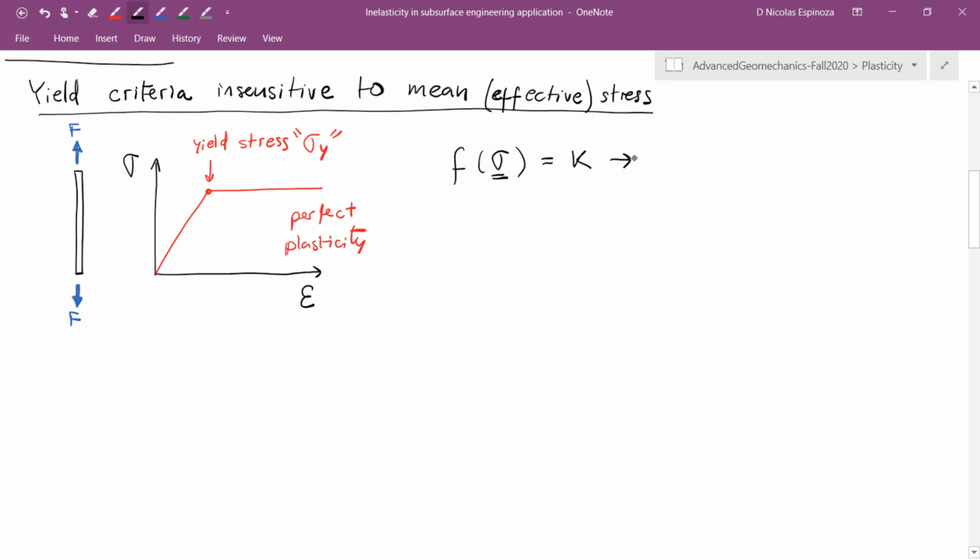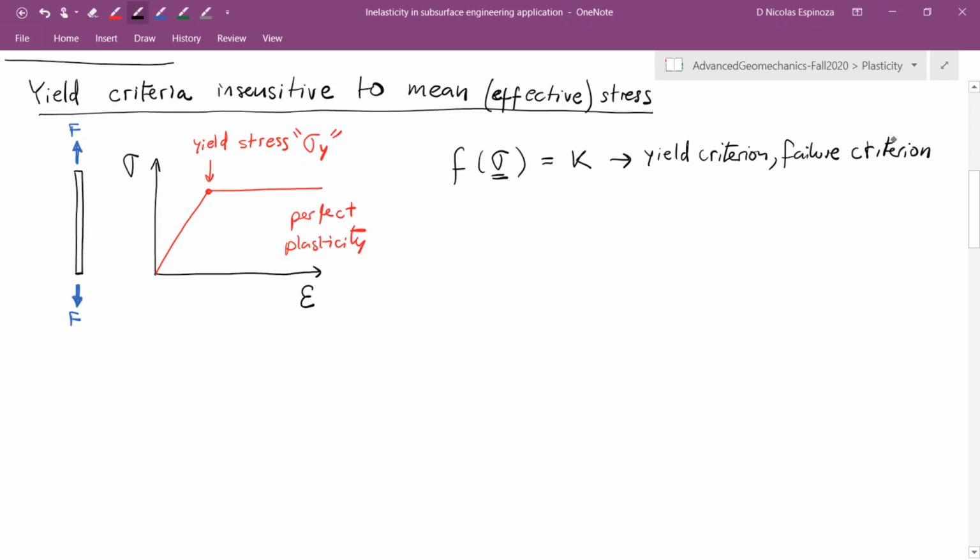And this is what we call a yield criterion. And some other times also we can call it a failure criterion. Usually they are used as synonyms, although sometimes there might be small differences that we're going to talk about later on.